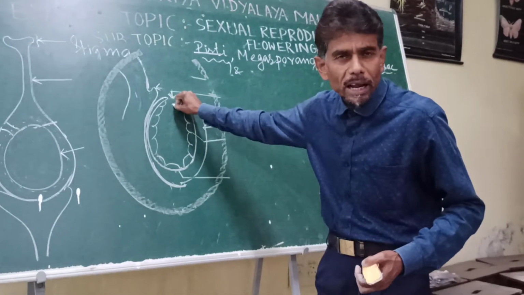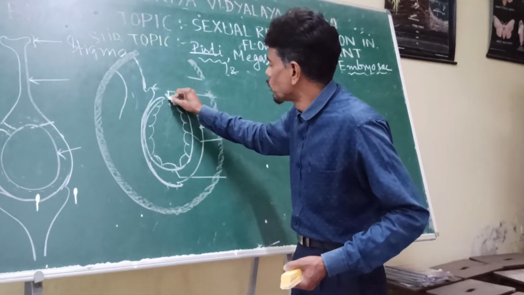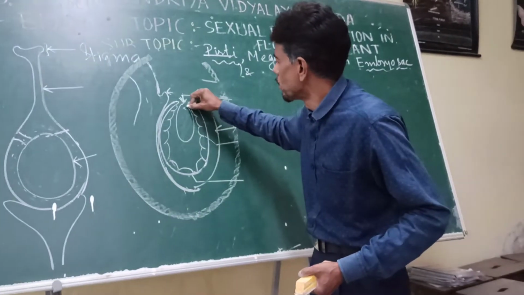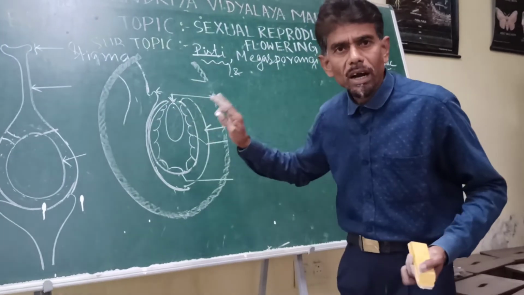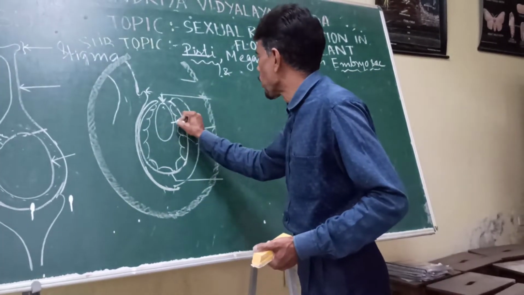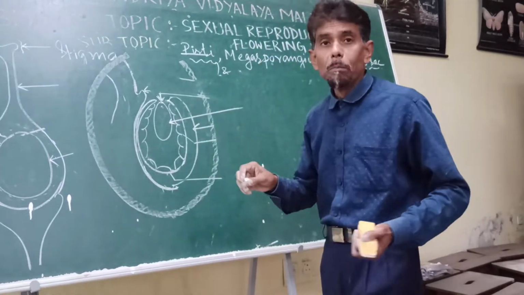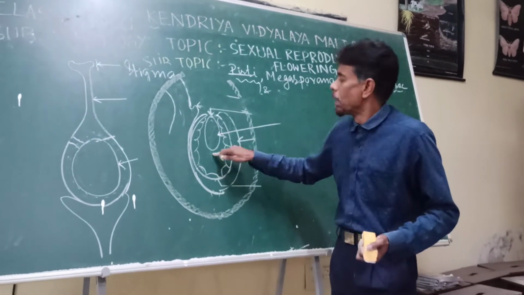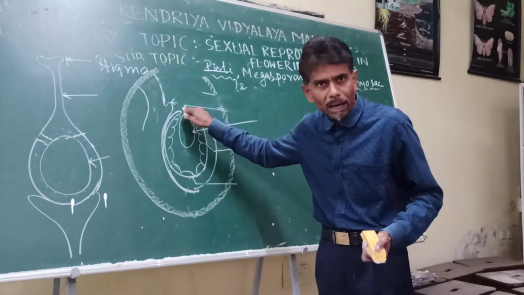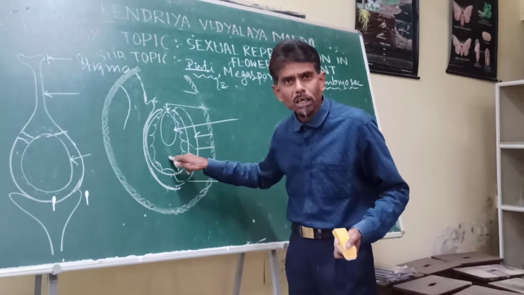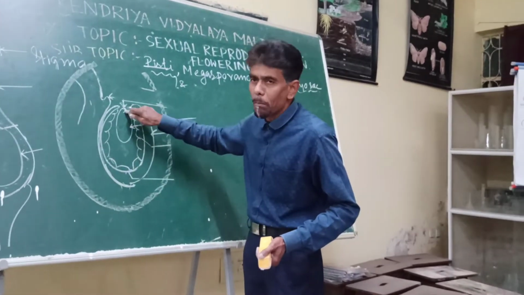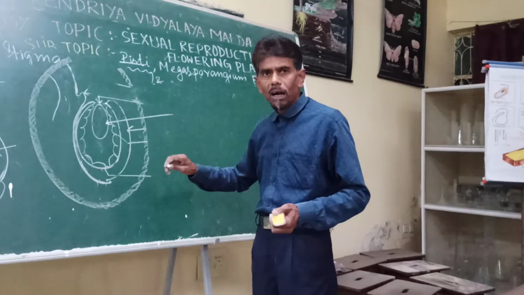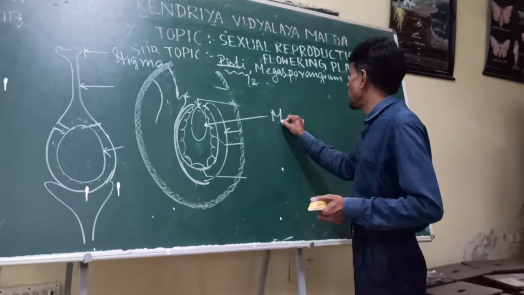At this micropylar end, one of the nucellar tissue becomes very prominent and is converted into a megaspore mother cell. The entire ovule is filled with nucellar tissue. Now, the nucellar tissue present at the micropylar end becomes very prominent and converts into the MMC.